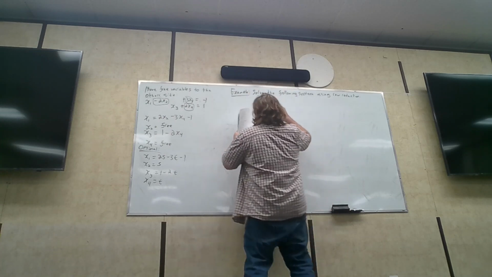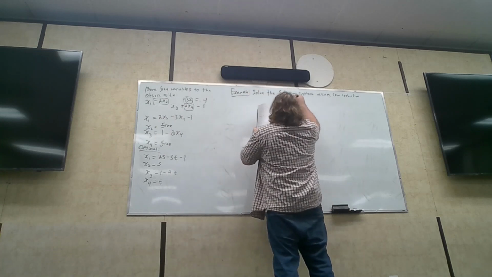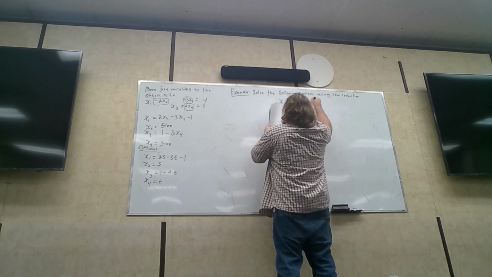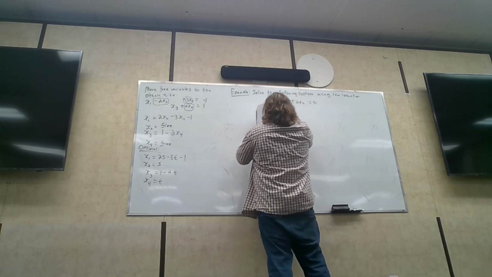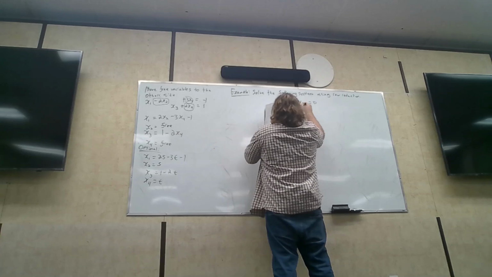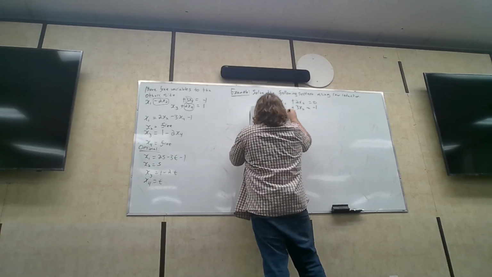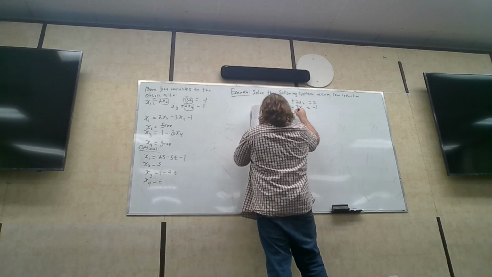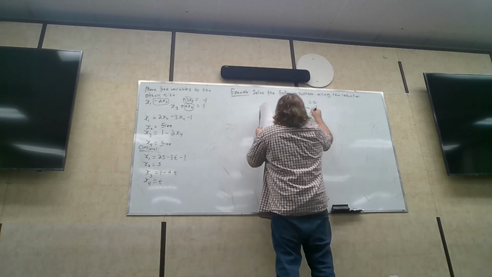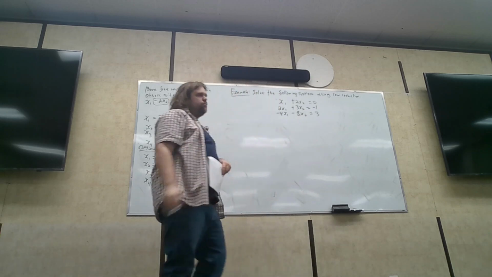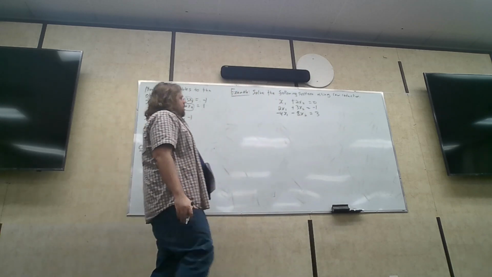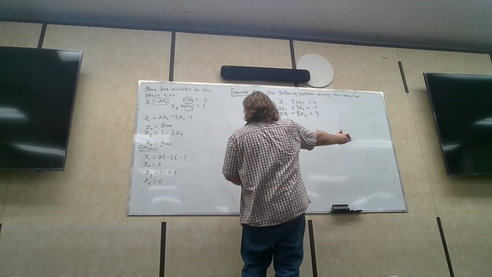Anyway, let's solve this. 2x1 plus 3x2 equals minus 1, minus 4x1 minus 8x2 equals 3. All right, so it's a system. That's nice. Okay, so again, same process.